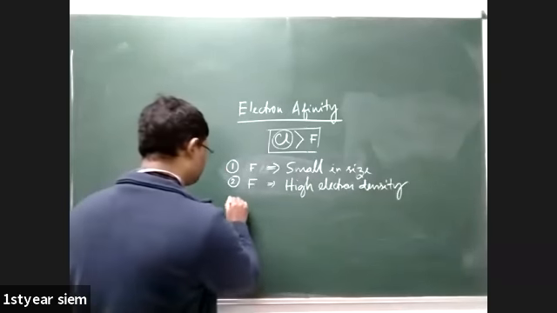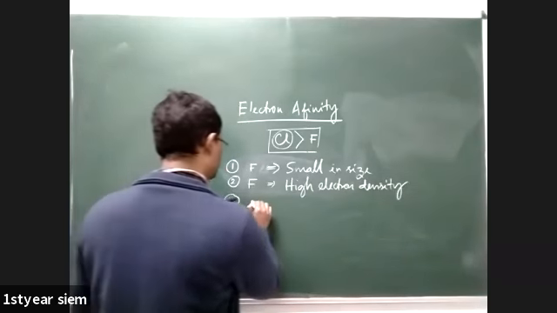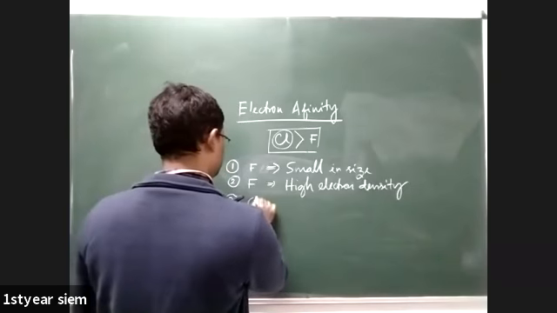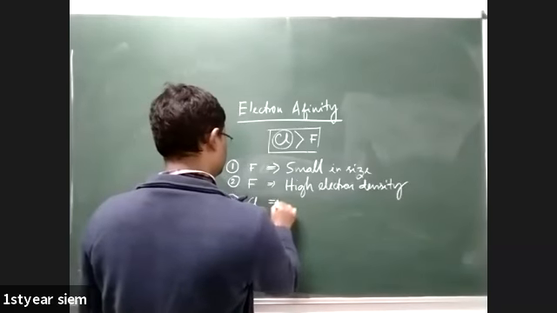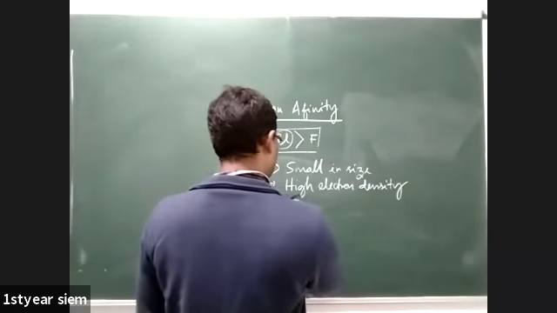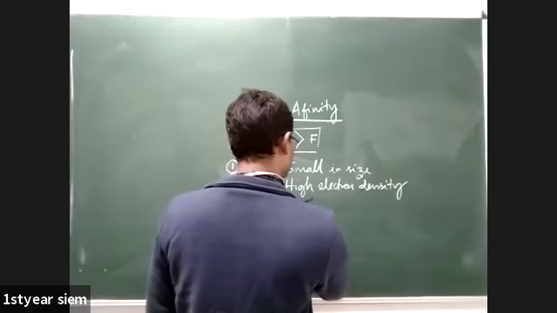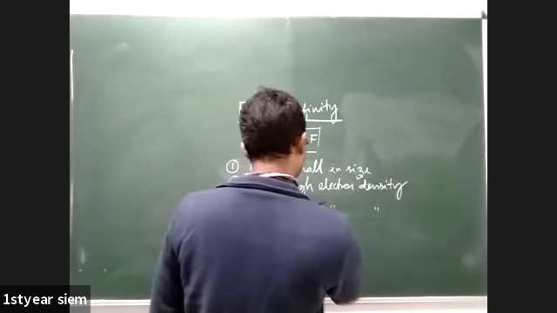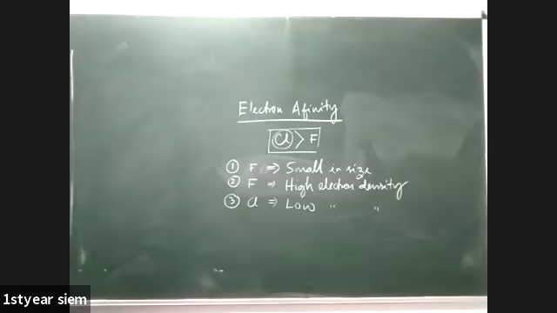Number three, chlorine has low electron density.